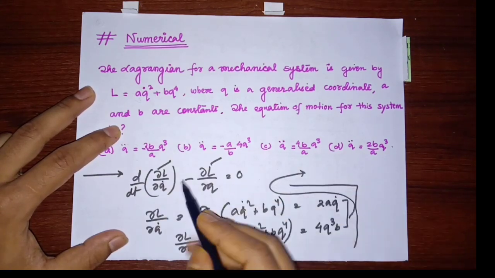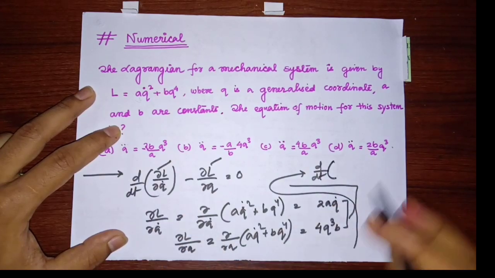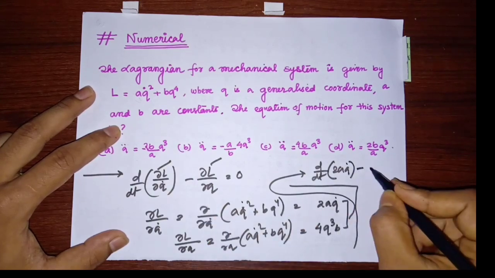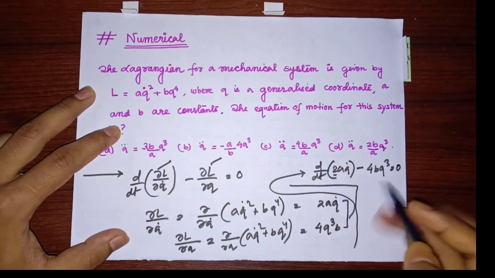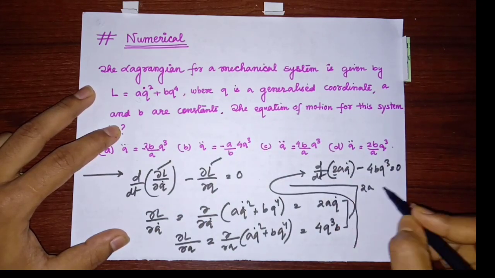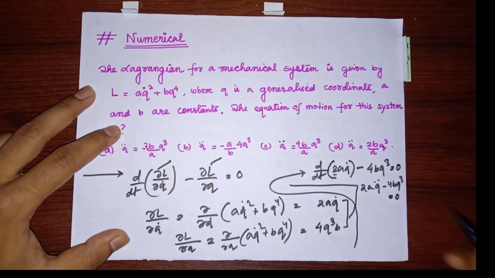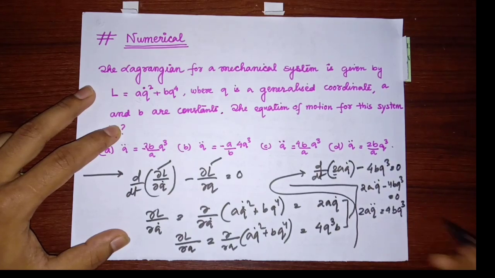Now we can put these in the Euler-Lagrange equation. d/dt of del L by del q dot is 2a q dot, minus del L by del q, which is 4b q cube, equal to 0. Now 2a is constant, a is given as constant, so d/dt of q dot will be q double dot, so 2a q double dot minus 4b q cube equal to 0, or you can write 2a q double dot is equal to 4b q cube.